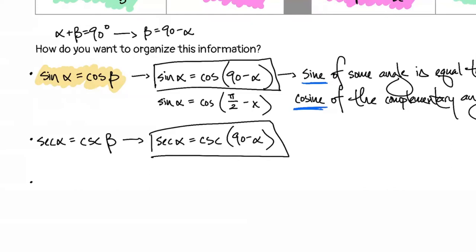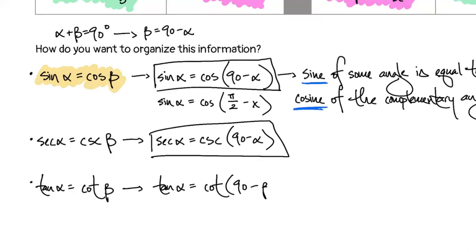Nice. So tangent of alpha, what could we say tangent of alpha is equal to? Good, cotangent beta, which we found from our chart above, but now we add in the complementary angle part and we get tangent alpha equals cotangent 90 minus beta.